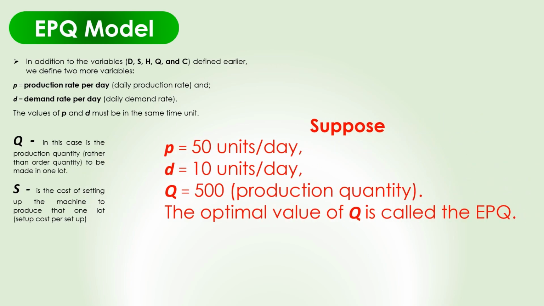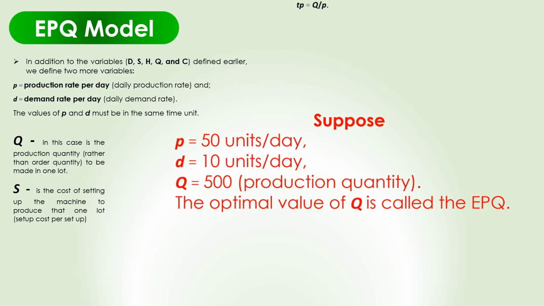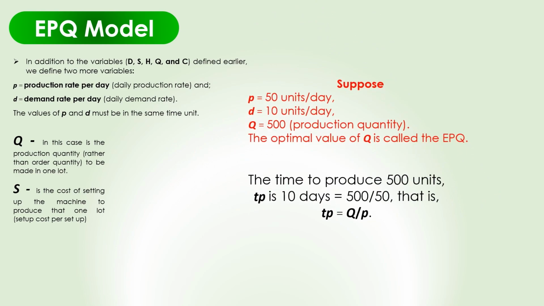Ayan, example, suppose P is equal to 50 units per day, D is 10 units per day, and Q is 500 or the production quantity. So the optimal value of Q is called the EPQ. So what is the time to produce the 500 units? 10 days.